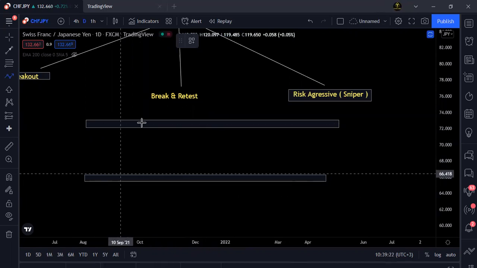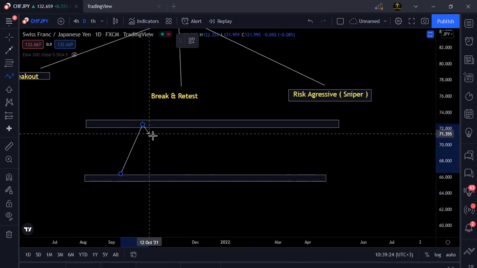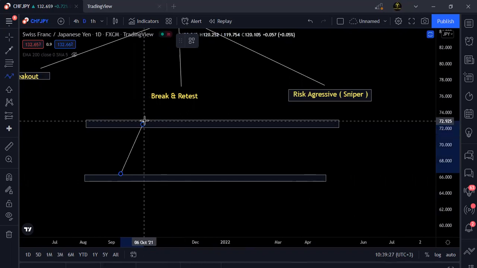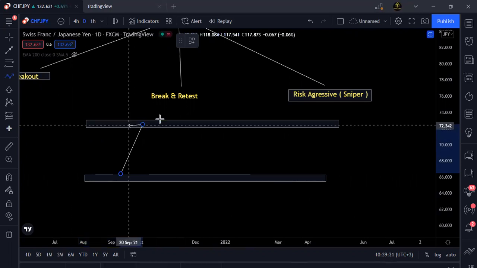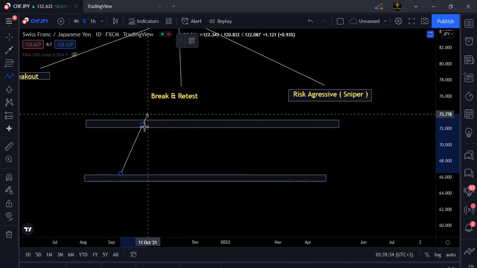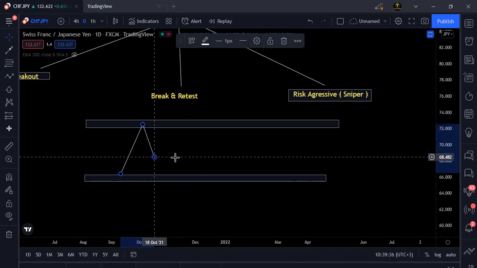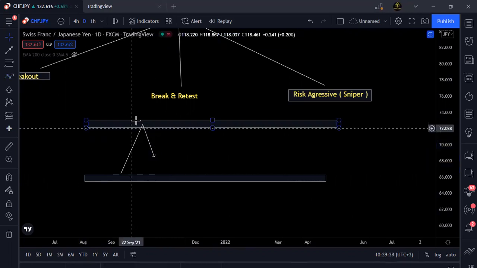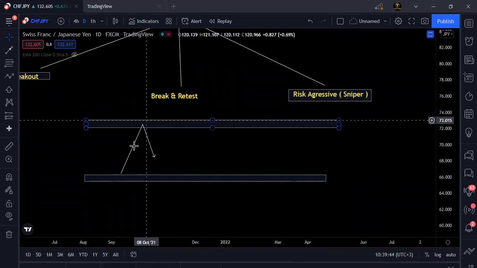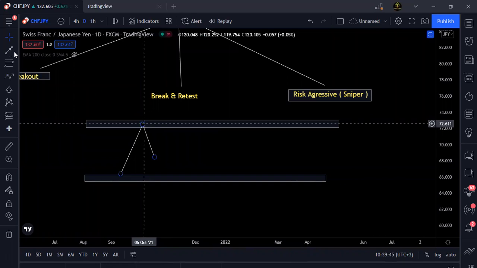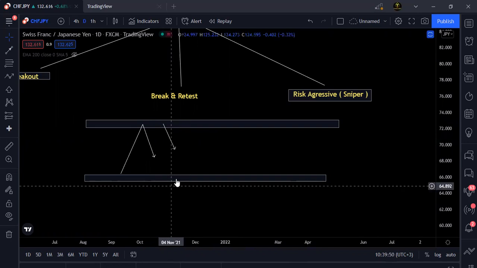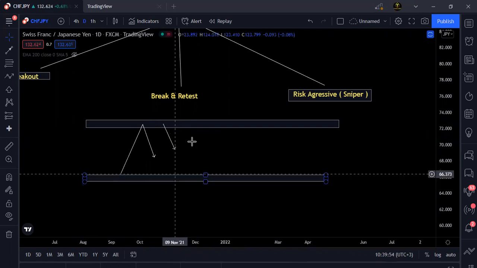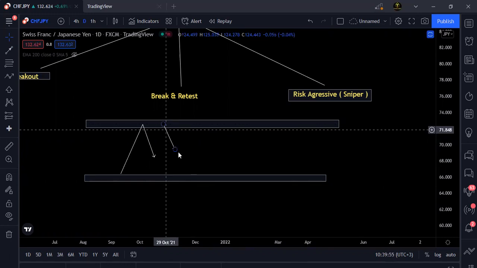If this is a strong daily structure and it has been tested multiple times and has shown effective resistance, that means once prices reach here, most likely they're going to push lower because they're going to be resisted from going higher. So once prices reach here, there's a high chance that they're going to bounce off this structure, even if they're not going to reach the previous market structure.